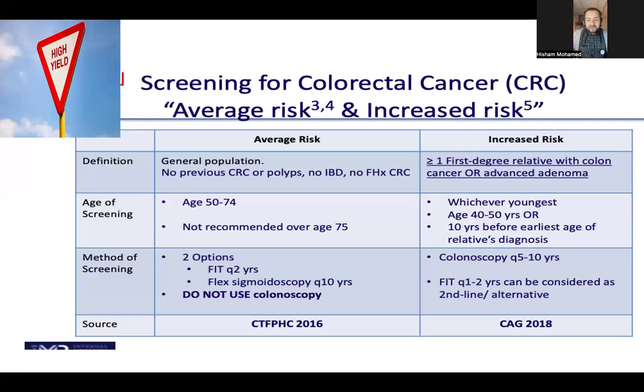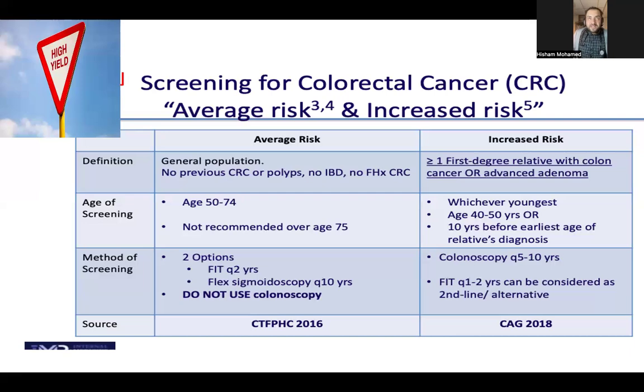Maybe there are different guidelines, but in summary, for NOTSB, no need for screening for melanoma, ovarian, testicular, prostate, and esophageal cancer without alarm signs or bad esophagus. But you have to screen for colon cancer, every Canadian guy, as per Canadian guidelines, at the age of 50 to 74 with FIT.